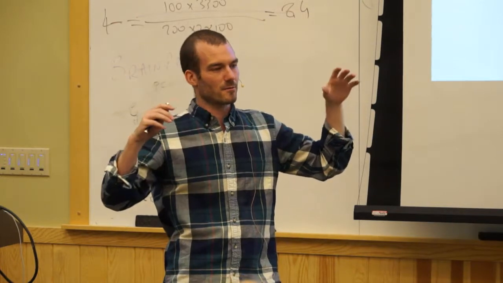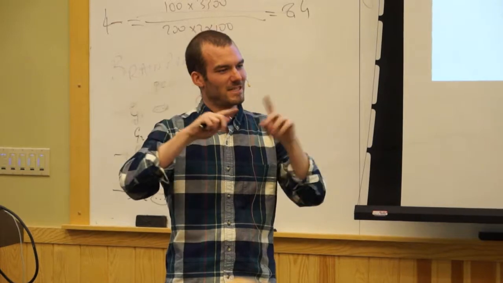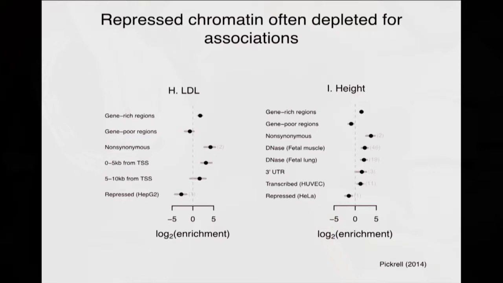And the way the field has thought about this is where are things enriched, not where things are not enriched, because it's a weird thing to think about. But yeah, it's a nice verification, and it actually gives strength to the enrichment values to be able to say that what you would expect is not enriched. Yeah, sure. The model could have inferred this to be up there, right? And then I would have started to worry a bit. Maybe if repressed chromatin was 100-fold enriched for SNPs that influence traits, yeah.